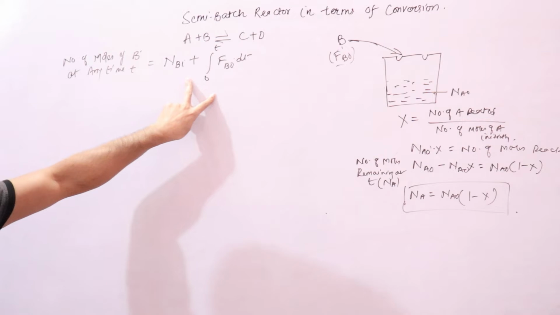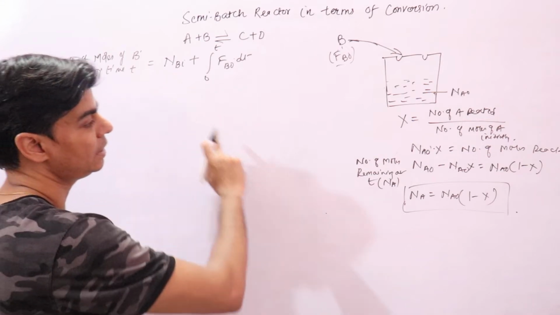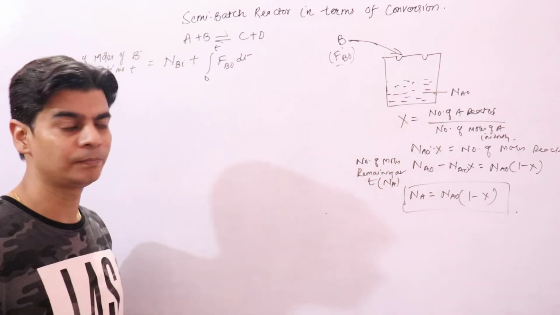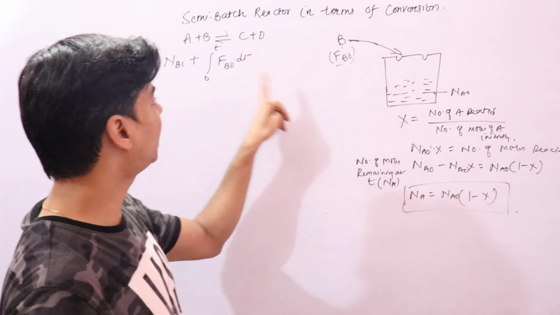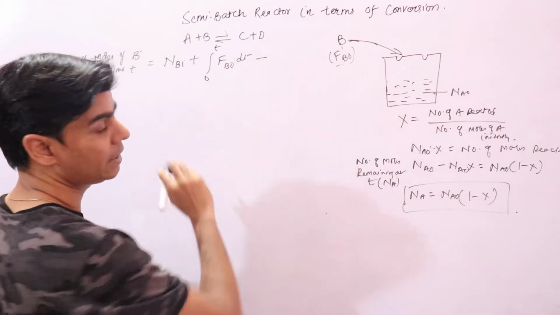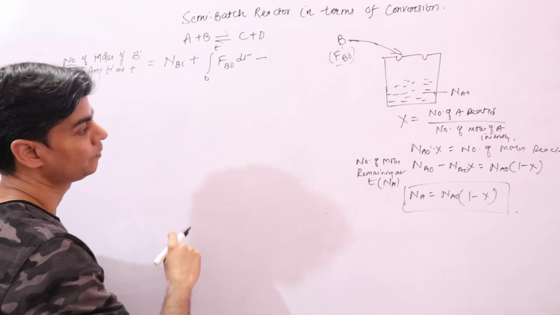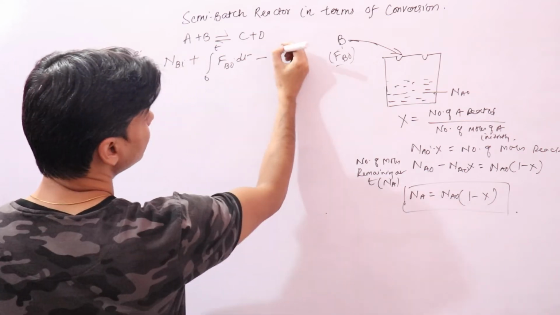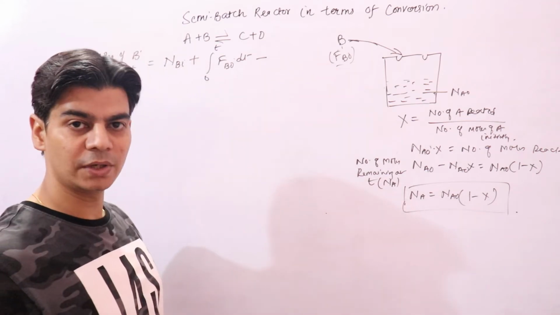This much number of moles of B remaining at any time t, right? This is initially you have taken, right? Initially NBI is present in the reactor. Now at any time t you have added this much, right? Minus what has reacted. How much of B you have taken initially?